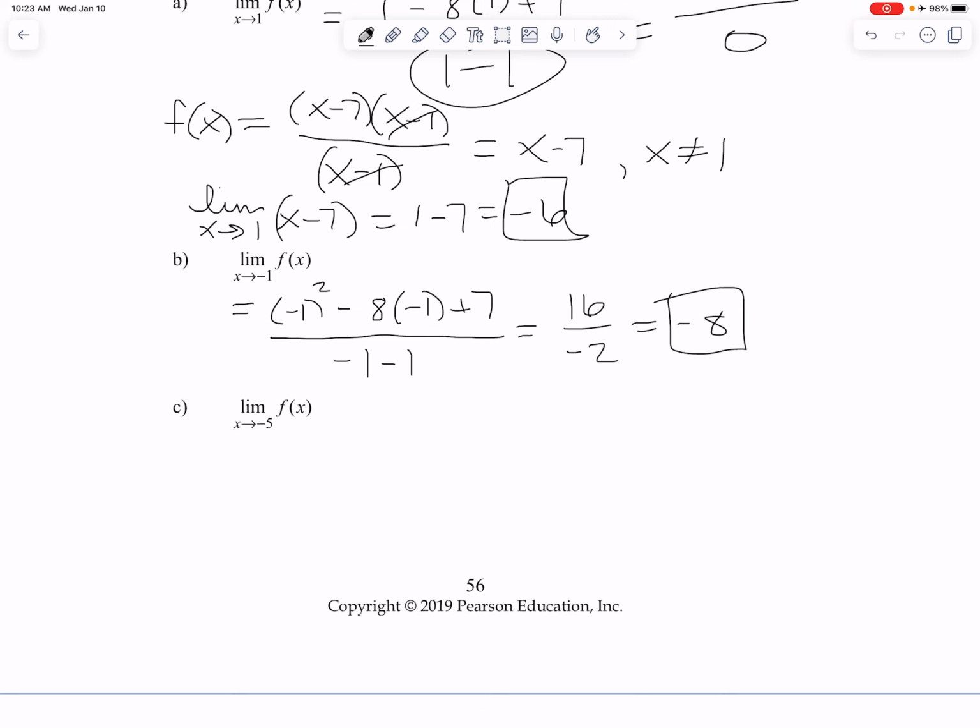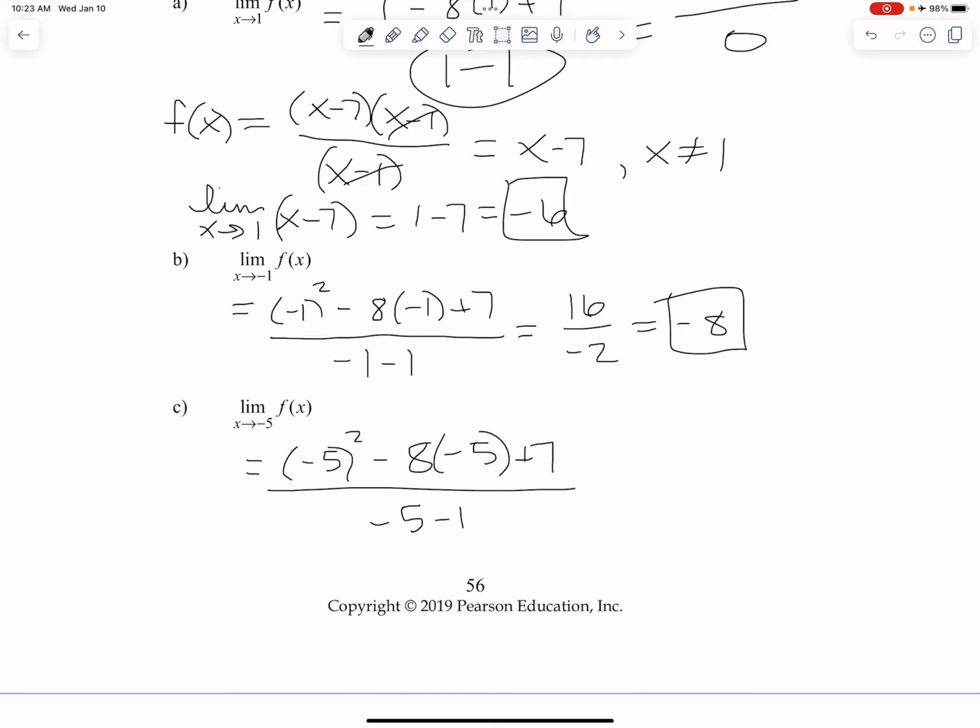So at 1, our limit's going to -6. At -1, our limit is going to -8. Let's look at -5. As it goes to -5, what will we have? -5 squared minus 8 times -5 plus 7, denominator, -5 minus 1.